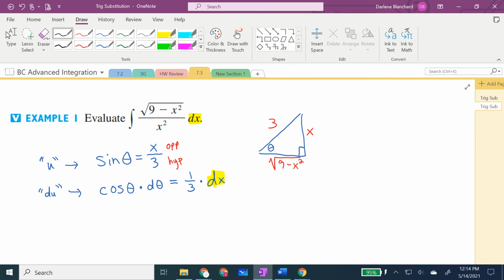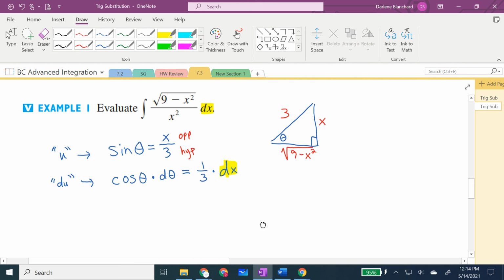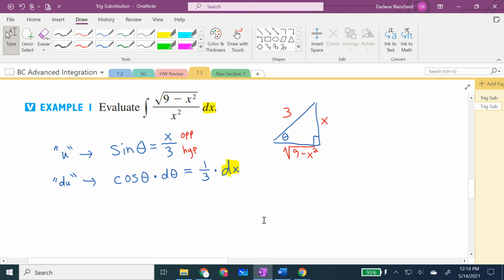Now, the first way I'm going to do this is showing you kind of a minimalist look of all you need: the u and the du, and you can just shoot off from there. So if I have my u and my du, then I'll substitute into the dx, and I will substitute into the x's. And here we go.